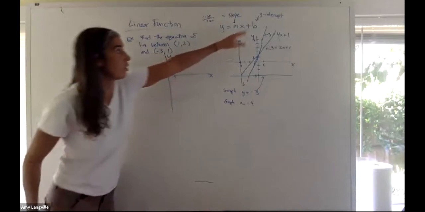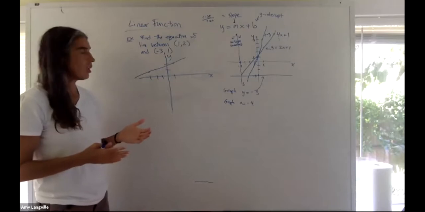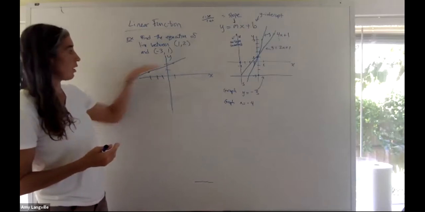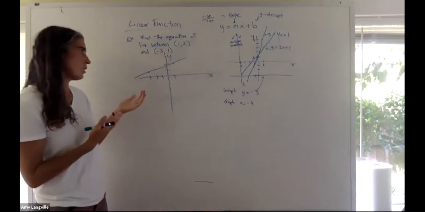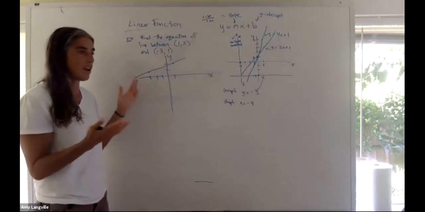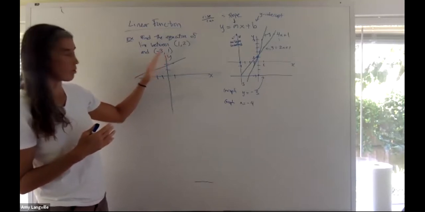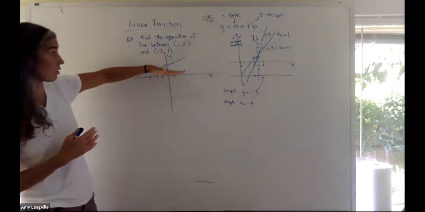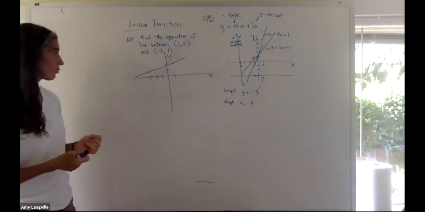So the b part should be, so we can visually check our work, somewhere between 1 and 2. We also know that the slope is positive because it's leaning this way. And we know the slope is probably a fractional value, like half, a third, something like that. It's not steep enough to be a 1 or a 2 or 3. It's definitely not a 0 horizontal line. So probably we have a fractional value for our slope.